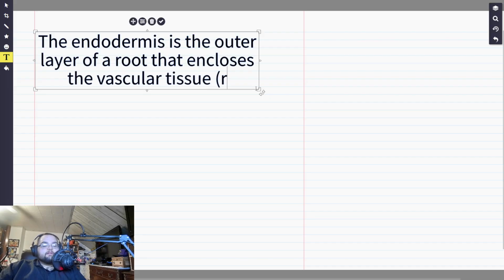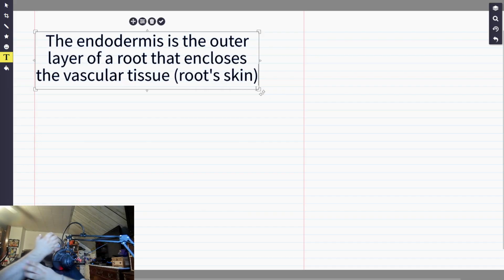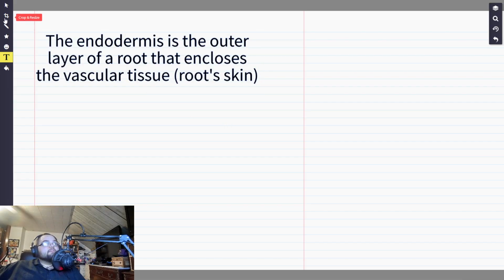You can think of it like a root's skin. Okay? Like our skin is the outer layer that encloses all our organs and our veins and our bones. The endodermis is the skin of the root.